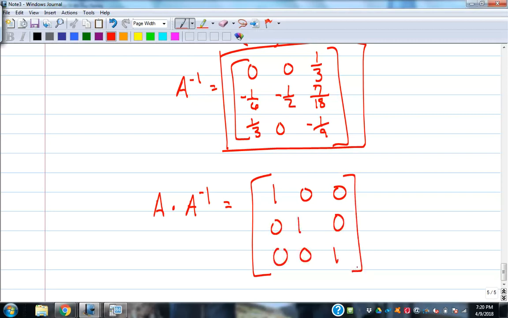And this one's a 3x3 because matrix A is 3x3. So this is the identity matrix, or I3 is what they call this.